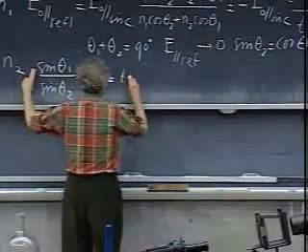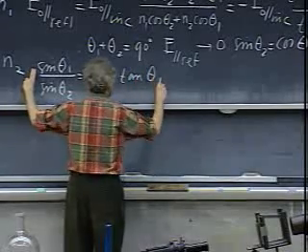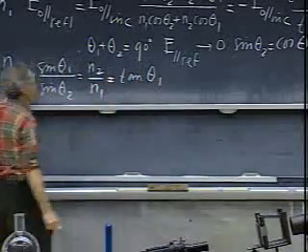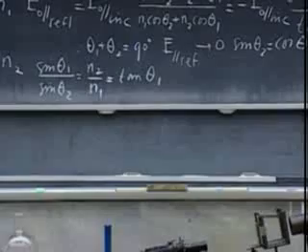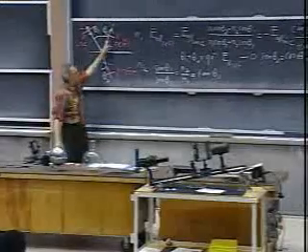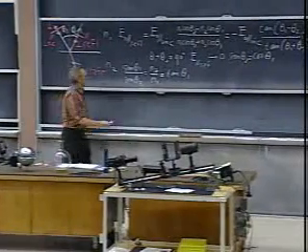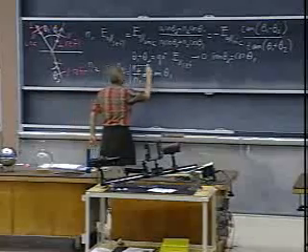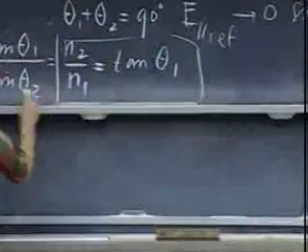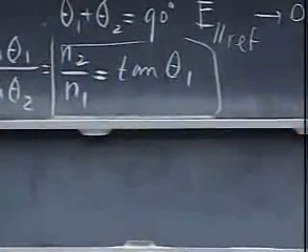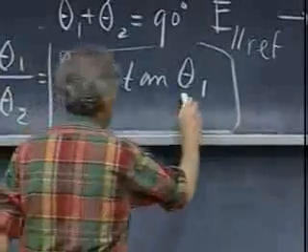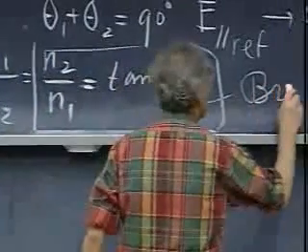And so if this is the tangent of theta 1, under these conditions, then we have met the condition that I was looking for, that I end up with 100% linearly polarized light. And so this is the secret to getting 100% polarized light. And this angle is called the Brewster angle.